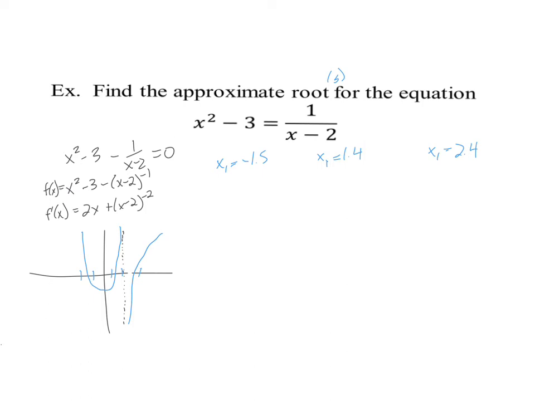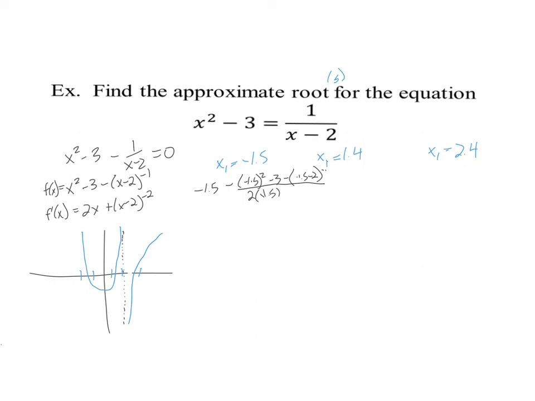So let's see if we can get this to work using Newton's formula. We'll plug in negative 1.5 first. I'll write it out the first time, and then we'll just go from the answers from there. Into our equation we'd have negative 1.5 take away, now the negative 1.5 is going to go in the original, so that'll be negative 1.5 squared minus 3 take away negative 1.5 minus 2 to the negative 1, and we're going to divide all of that by our derivative.